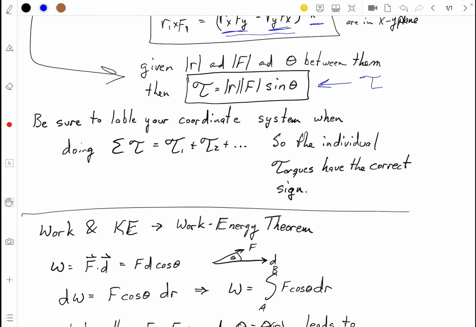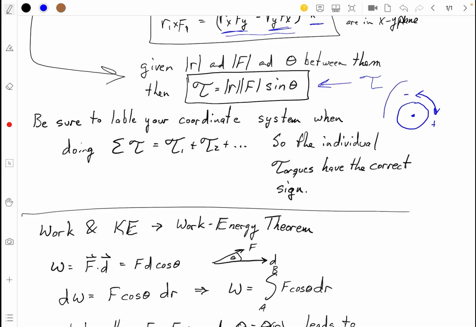Be sure to label your coordinate system when you do this, okay? You guys gotta label the coordinate system. Here's your circle, and you're gonna do some torque action. Then you gotta say, I want this to be positive and I want this to be negative, or vice versa.